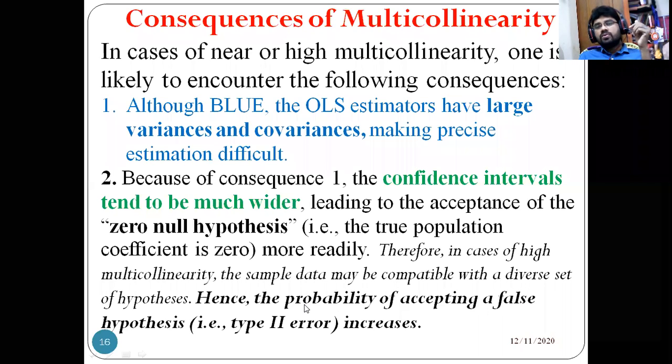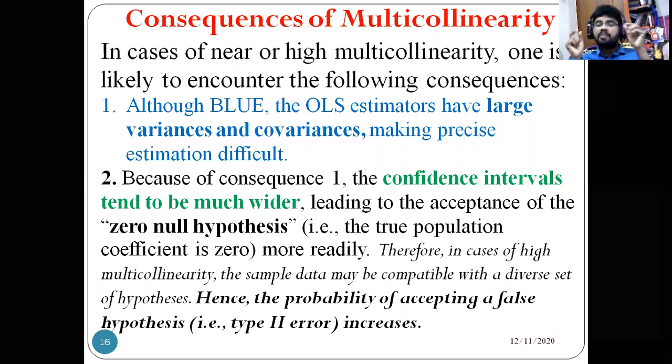I taught you in the second semester about type 2 error and type 1 error. When we are accepting a false statement, it means we are accepting a false hypothesis. For example, somebody has done a wrong thing and you accept it.